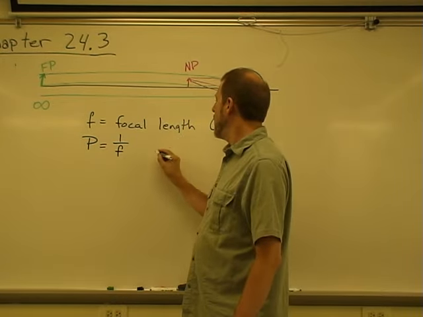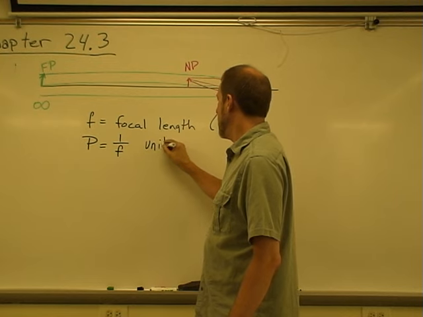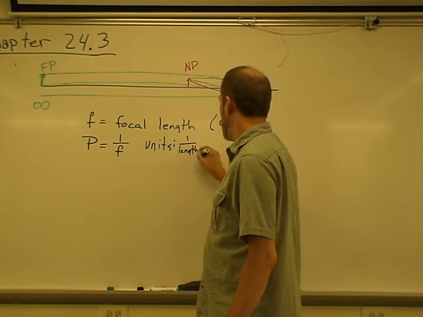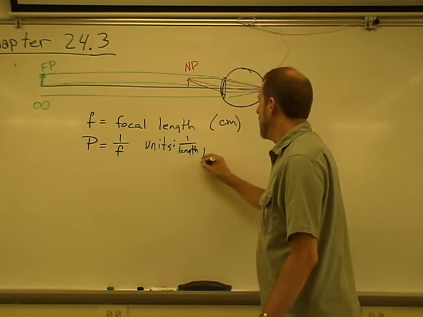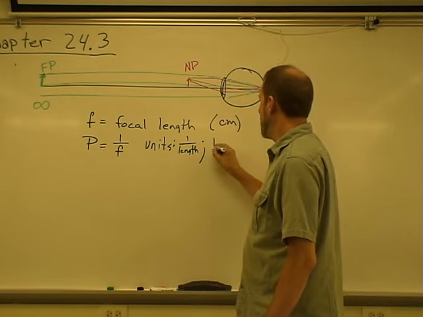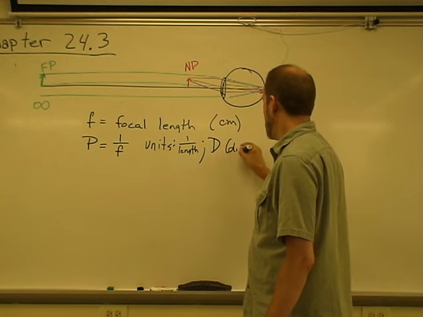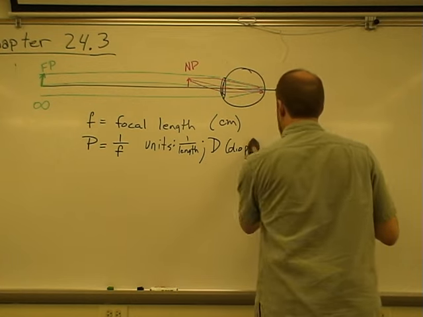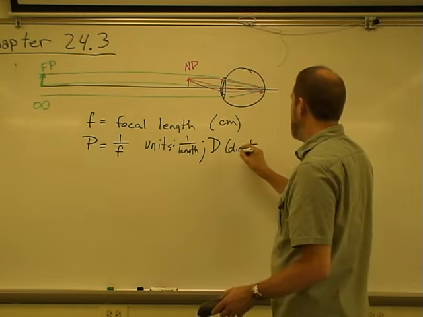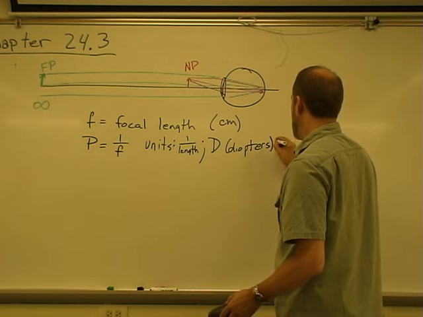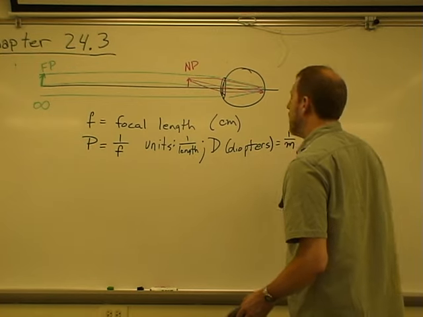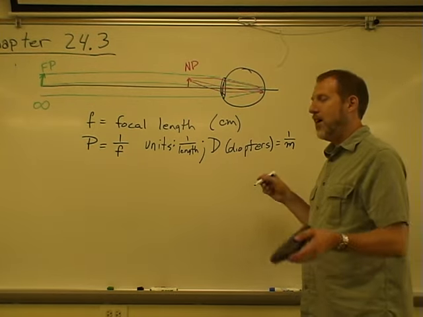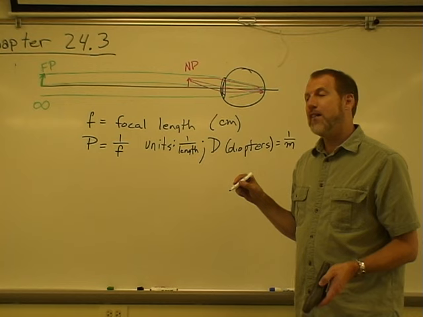And so the units are 1 over length, with the units with the D giving a measure of diopters, which are inverse meters.